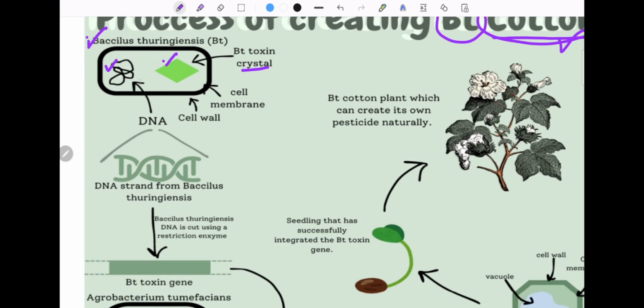Okay, so we extracted that DNA, and this DNA is split by restriction enzymes. Okay, and we identify the Bacillus thuringiensis gene within that DNA. We have to identify that gene within that DNA.